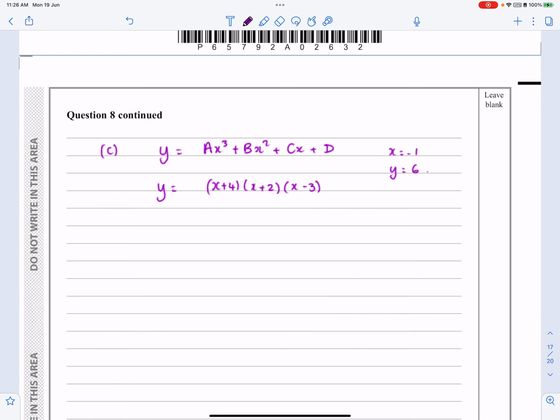They're all going to be factors of it. If it hits the axes at those values, then we can say x plus 4 is a factor, x plus 2 is a factor, and x minus 3 is a factor, but there is the possibility that there's a constant in there as well.